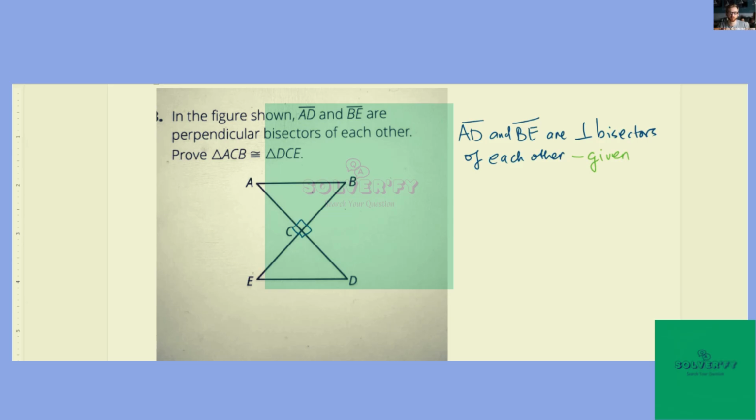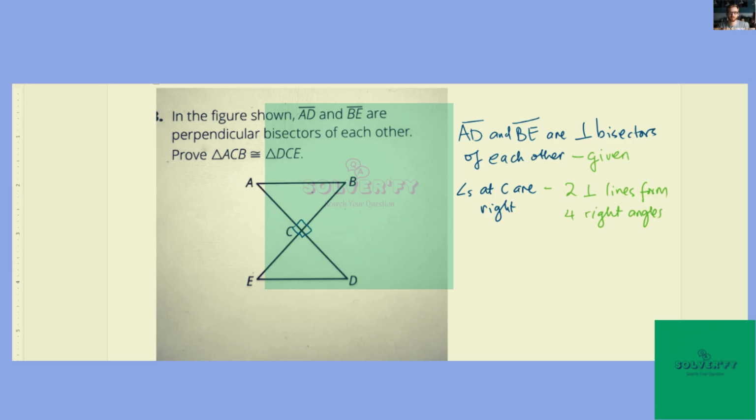So angles at C are right. The reason for this is that two perpendicular lines form 4 right angles. Okay, so that's the next thing.